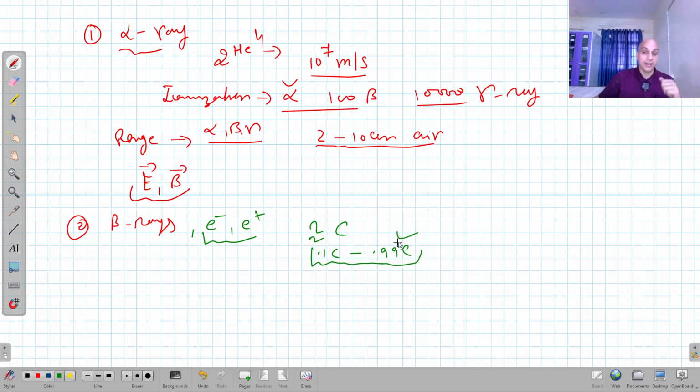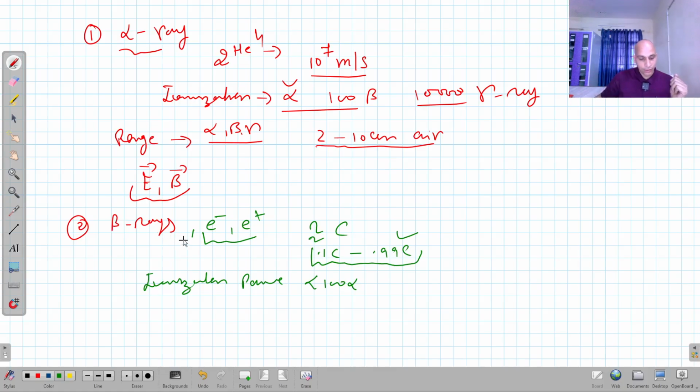They can travel with such a high speed, right? Now, as far as the ionization power is concerned, as I told you, their ionization power is less than alpha particle. It is 100 times less than alpha particle, but it is greater than gamma rays, right? It has intermediate ionization power, right?